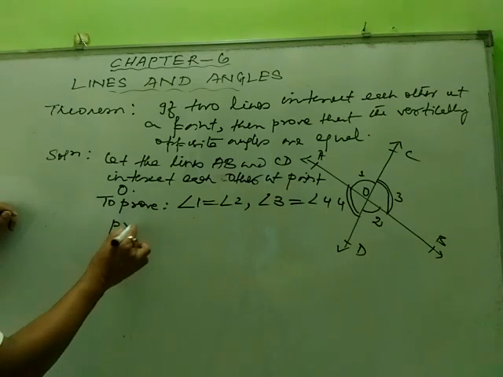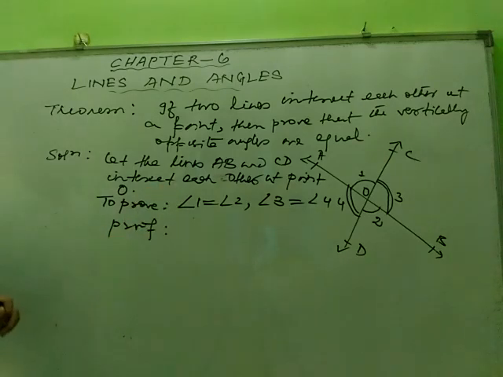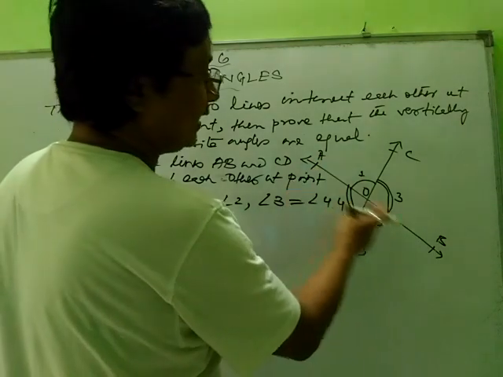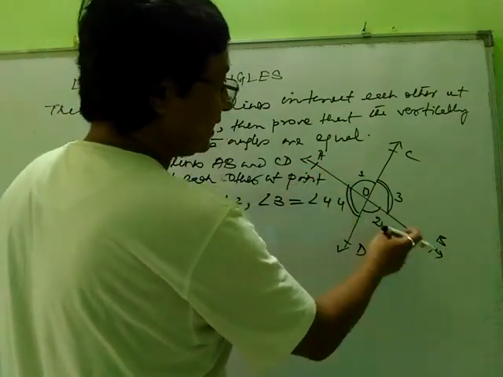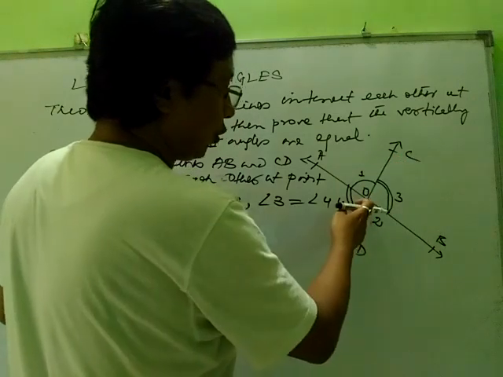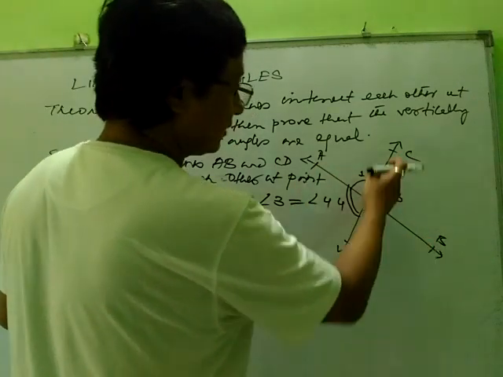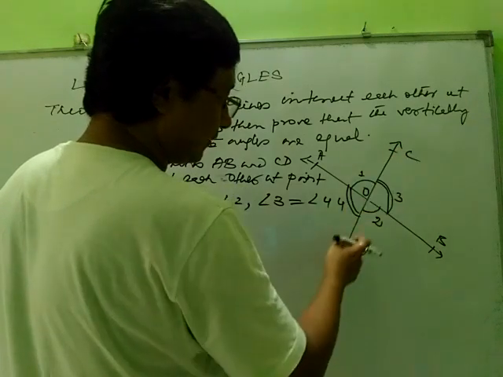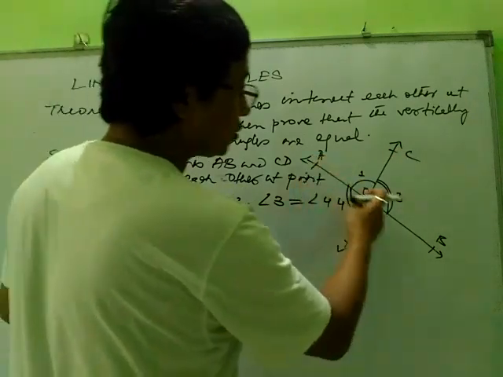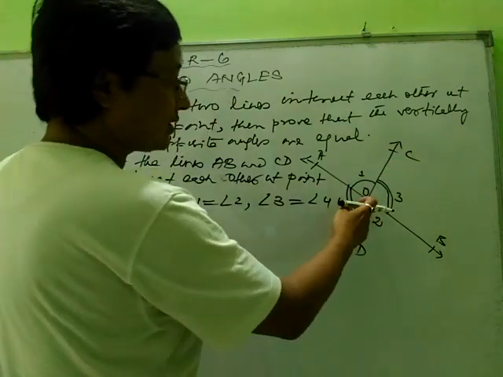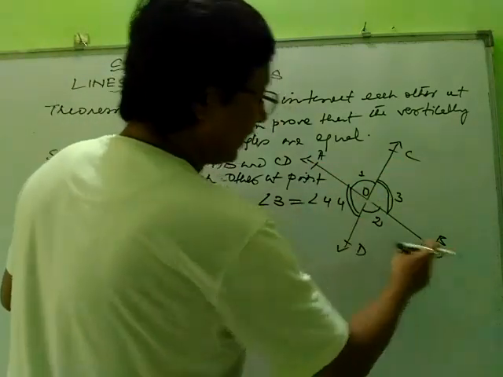Now proof. Now you take a line, say this line AB. On this line AB, the ray OC falls. So you have taken the ray OC falling on the line AB.